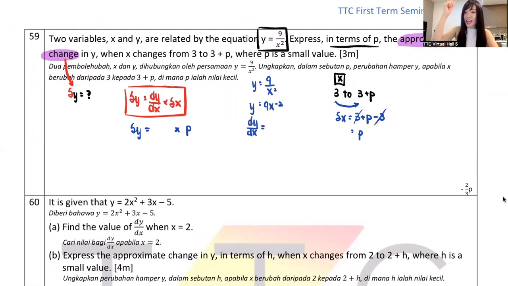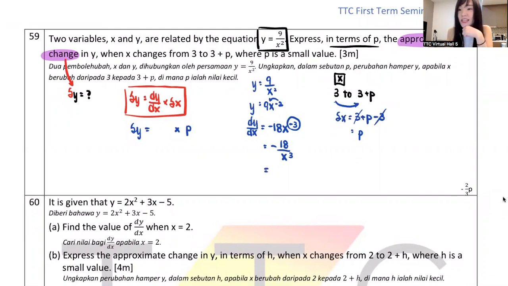So now we will times and then minus 1. Negative 2 times 9, negative 18. Power minus 1, negative 3. Sorry. My dear, negative power, negative bring down, doesn't it become a positive power? So this is your dy dx.